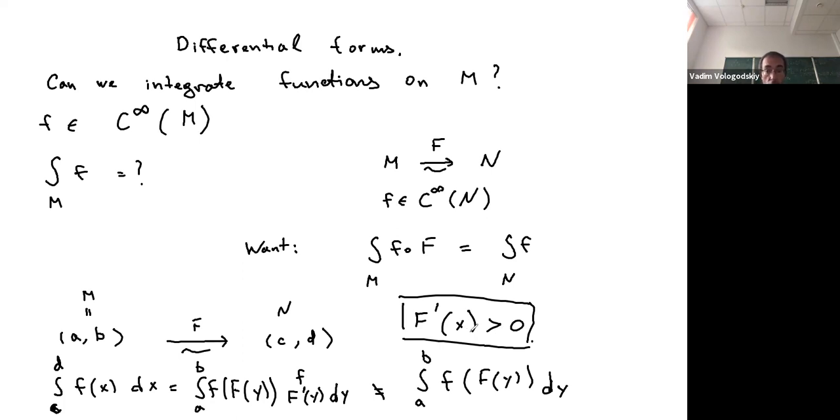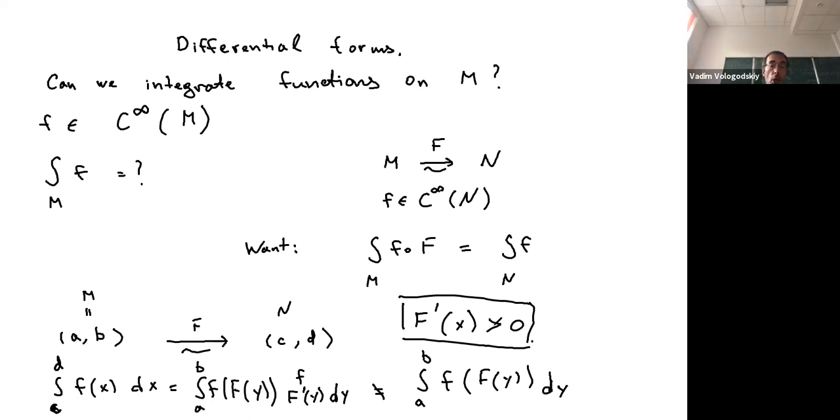As you know from calculus, if the derivative is less than 0, then you should put a minus sign here for this formula to hold. We will talk later about this nuisance. In any case, if you have any diffeomorphism, then this is true up to sign, and if you want the plus sign, then you should add this condition.